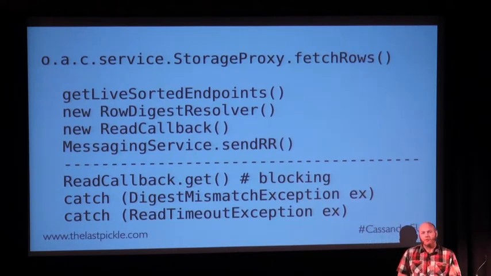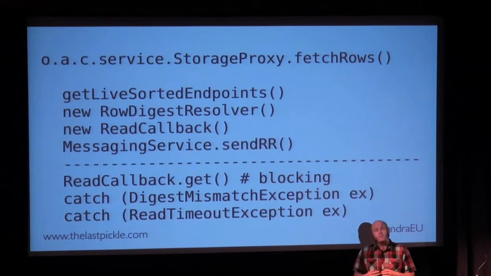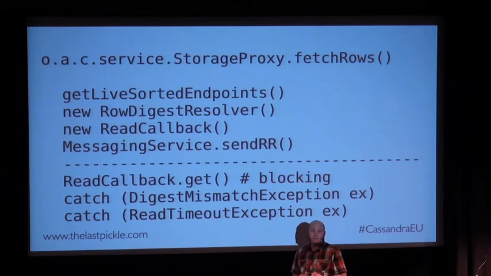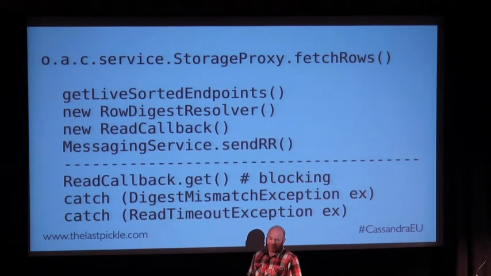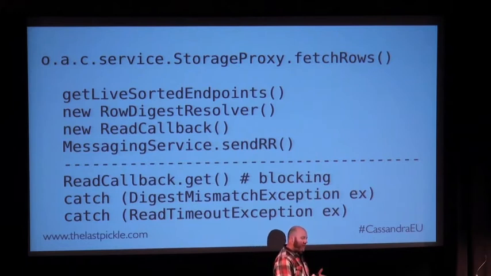Once we've done that for all the read commands that were passed in, so we're going to read 3 rows, we go through this 3 times, then we loop and we go to all of the read callbacks that we created, and we call get. Now remember, get can be a blocking call. If we haven't got enough responses back, we're going to block. Hopefully we don't block for too long. So we call get, hopefully it doesn't block, but it could throw some exceptions.